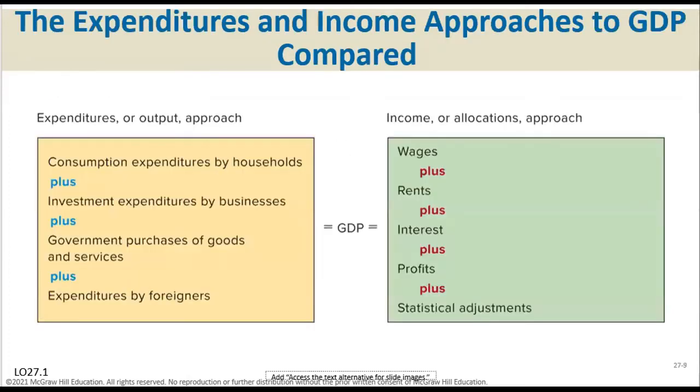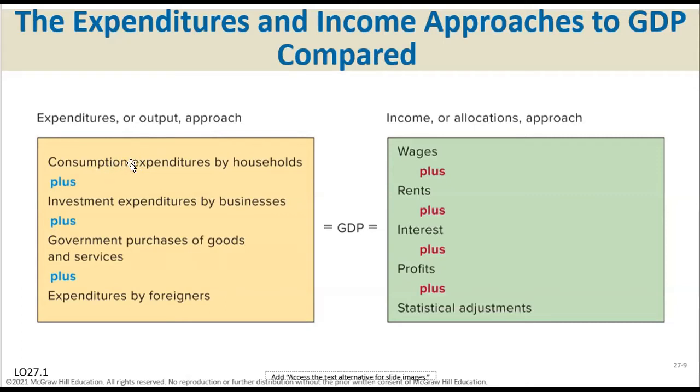So here we put it side by side, a visual side by side, so you can see the two different approaches to the calculation to measure GDP. The one on your left is expenditure, the most used one, which accounts for all the money spent to purchase the output produced, right?